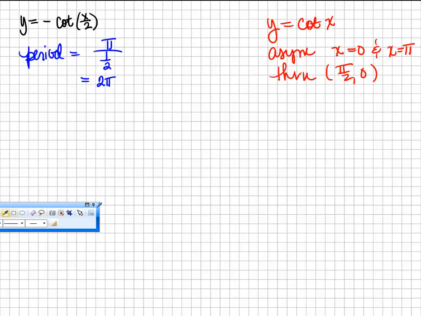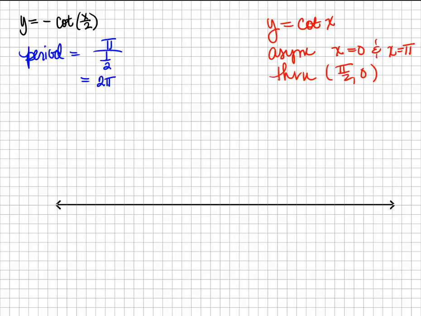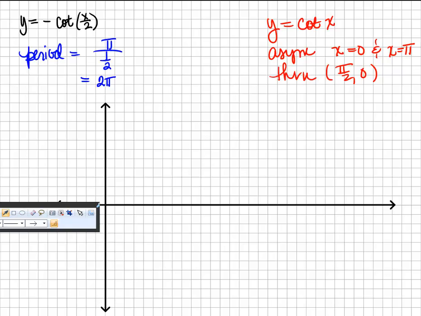Well, when we go to graph, let's see if I can get these grabbed pretty quickly here. All right, if my period is 2 pi, I better have an asymptote here on the y-axis, right?